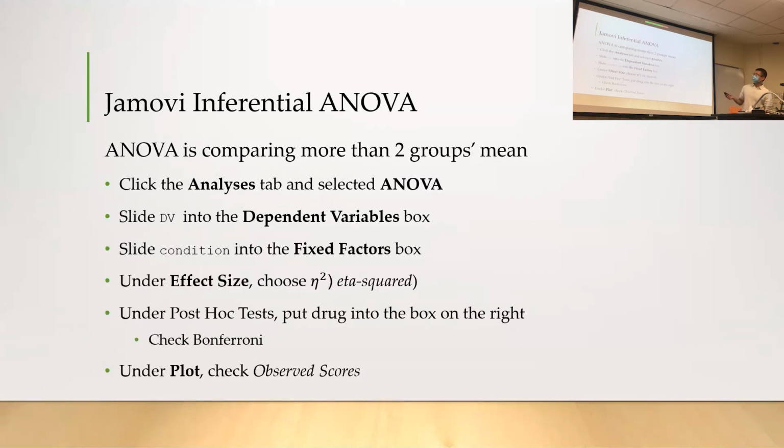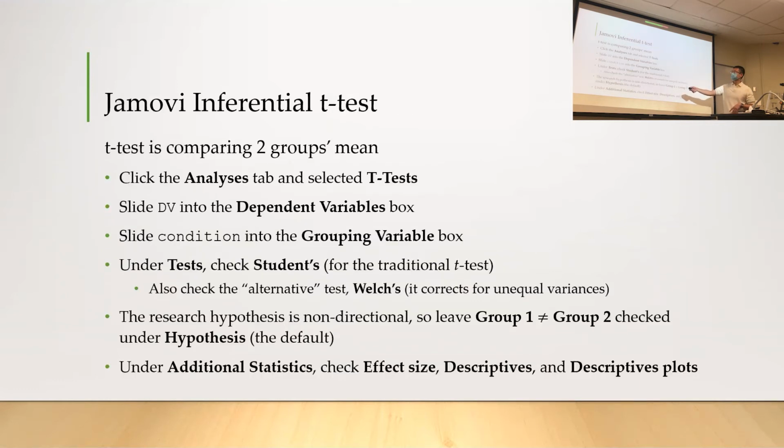Okay. And then ANOVA is comparing more than two groups' means. You click on the analysis tab and then select ANOVA. Again, you will slide the DV to the dependent variable box, slide the condition to the fixed factors box. It's the same thing as groups, they just say it differently. This is the fixed factors box, and then this is the grouping variable box.